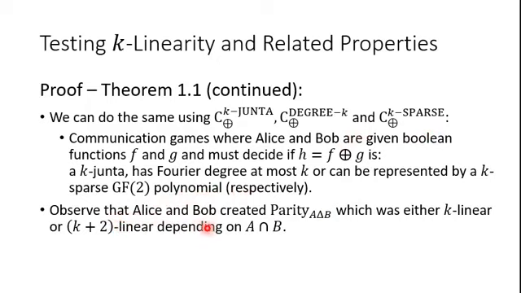So we'll observe that Alice and Bob created parity of the symmetric difference between A and B, which was either k-linear or k plus 2 linear, depending on the intersection, whether it was 1 or empty, and we saw that earlier.